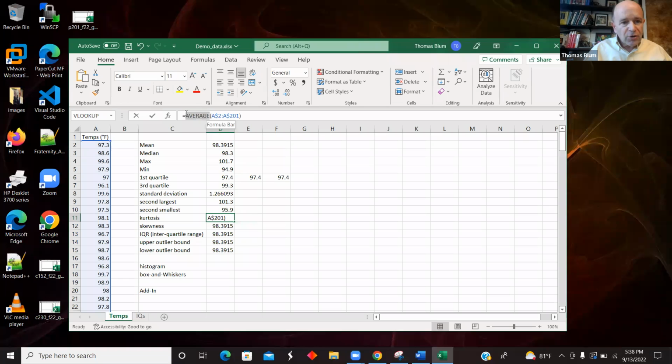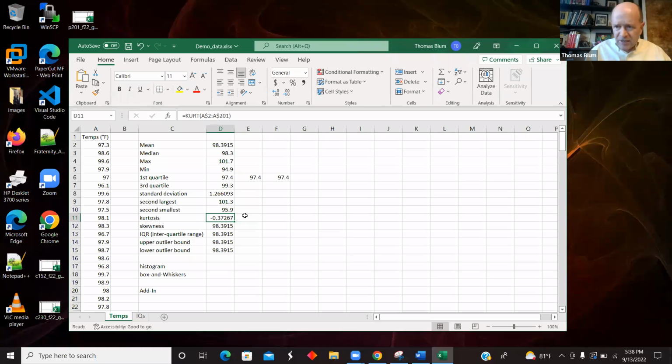The kurtosis is just KURT in Excel. It doesn't matter whether it's all caps or mixed caps; Excel doesn't care. Kurtosis is a measure of how the distribution compares to a bell curve, a Gaussian curve, that normal distribution.